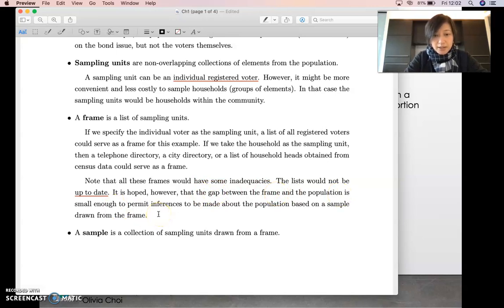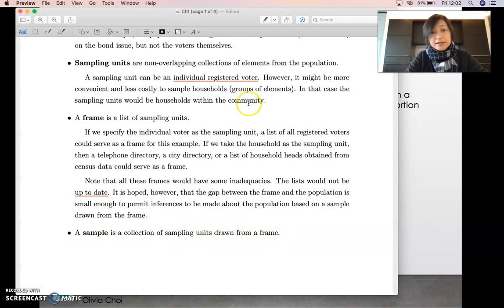We need to make sure the frame or the sample gives a good representative picture to describe the population. So the frame is the list of the sampling units. Then a sample is a collection of sampling units drawn from the frame.